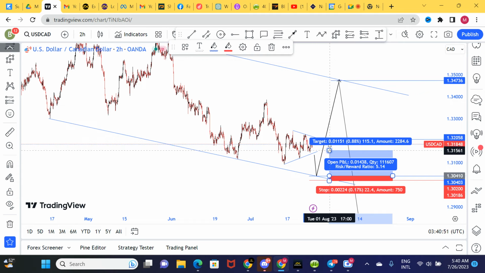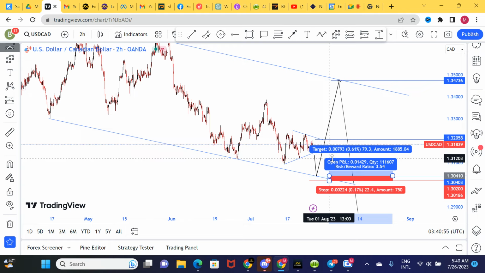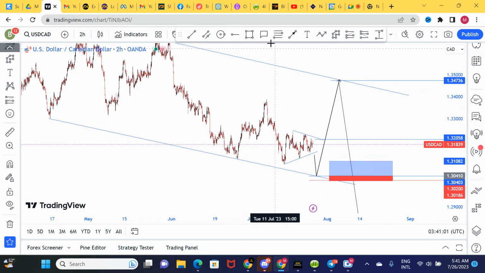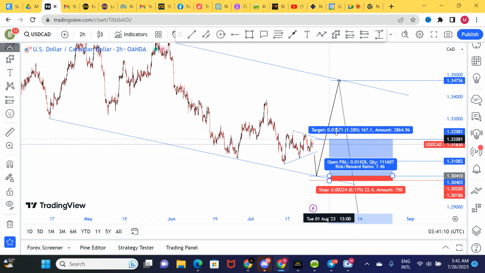Let's see. Okay, yeah, it's even over 3 times what we're risking. Our 3 times what we're risking is like here, so we can put our first take profit there for now. These are subject to change.